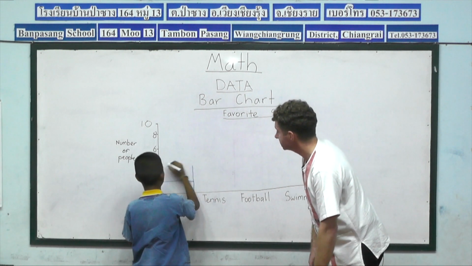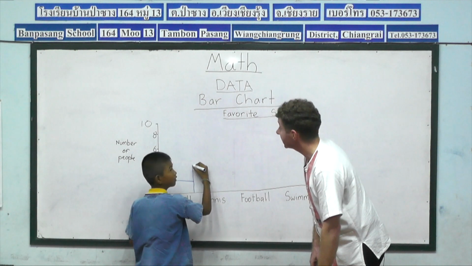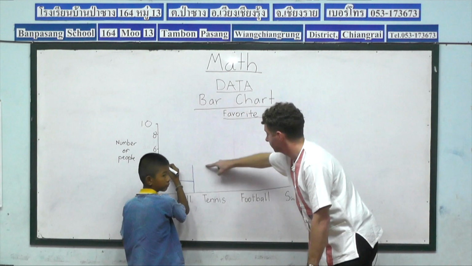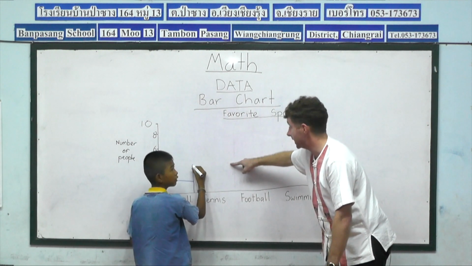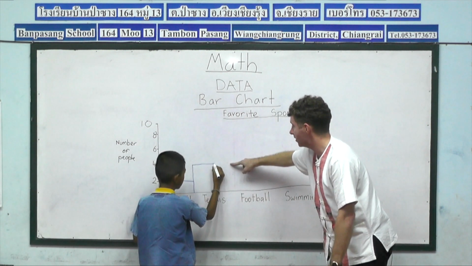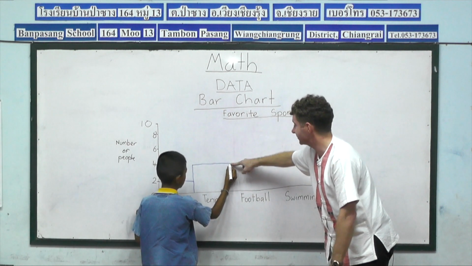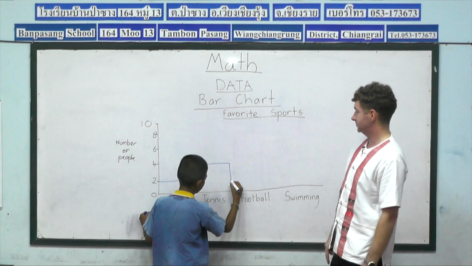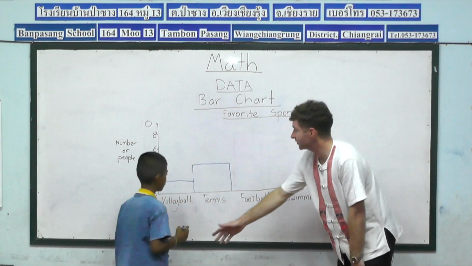Little bit higher. That's perfect. And then the line comes across from here to here. Yes. This is your bar for tennis. Excellent. And then down to here. And then just stand aside a little bit.